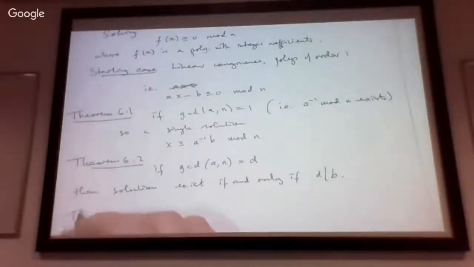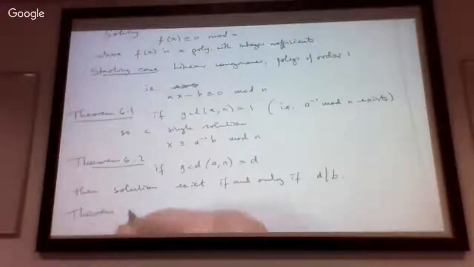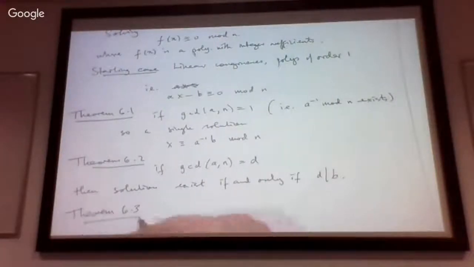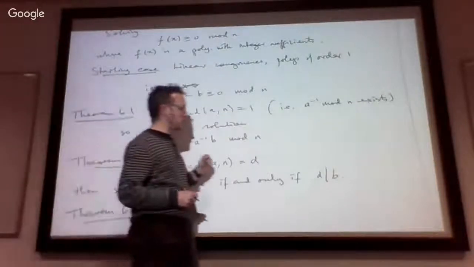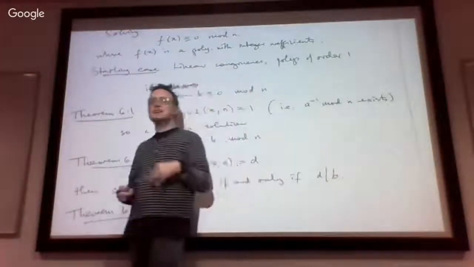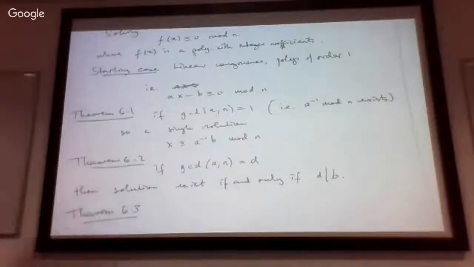So where we want to pick up the story is theorem 6.3, which completes the story and describes, if d does divide b, then what are the solutions? How many solutions are there, and how can we generate them? We need a formula or some kind of constructive method that's going to lay out what the solutions are.